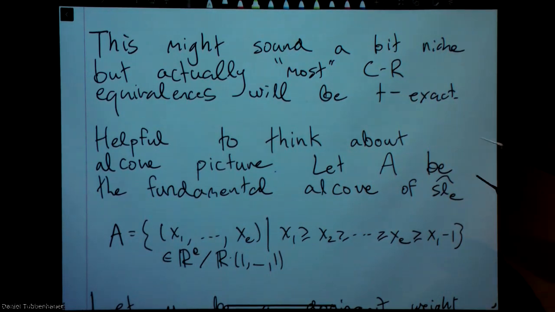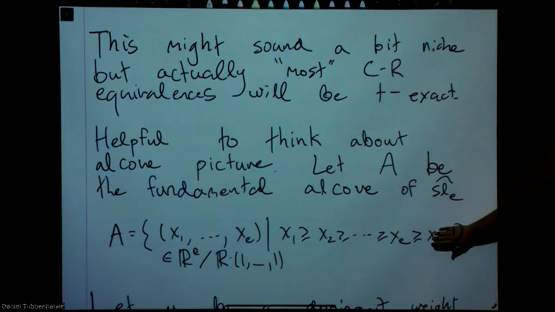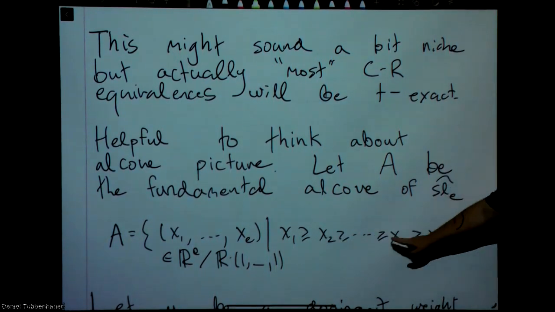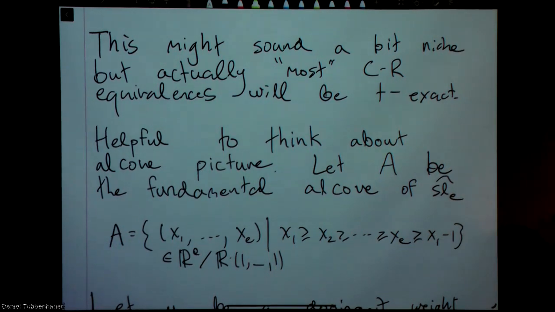The way I like to think about this is using what's called the alcove picture. So I'm going to specialize to the case SL3 hat, like SLp hat even, though again, everything I'm going to say basically applies to any affine Lie algebra. So the fundamental alcove, if I didn't have this inequality, this would be the dominant Weyl chamber. Right? x1 is greater than x2 is greater than x3.